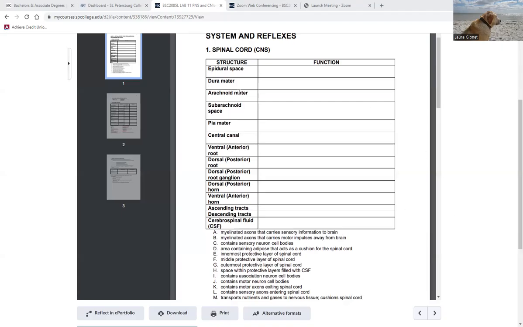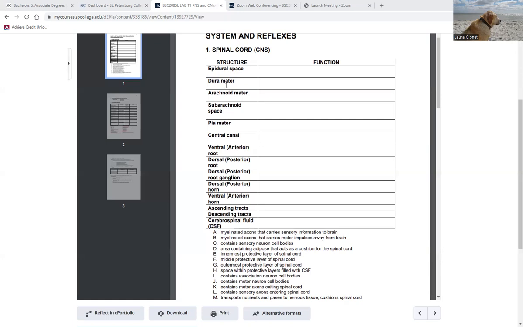So the dura mater, arachnoid mater, and pia mater are the three connective tissue layers that constitute what's called the meninges, to protect the brain and spinal cord. Between the arachnoid mater and pia mater, sandwiched in between, is the subarachnoid space. So I kind of put it in order from outer to inner. We have an epidural space that's going to be fat.